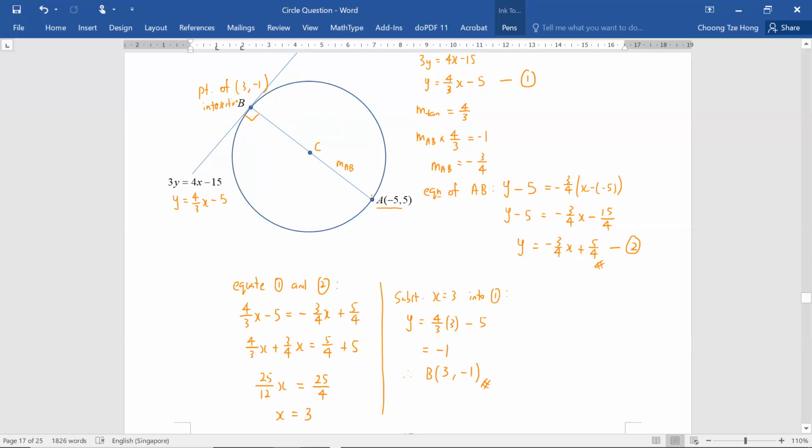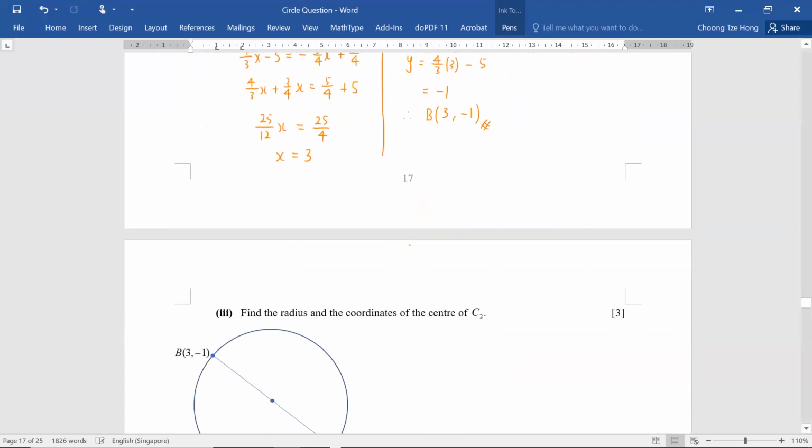But like what I mentioned earlier in the video, even if you draw the diagram incorrectly, it doesn't affect the solving of the question as long as you know the concepts well. So this is just an illustration for you that the diagram doesn't matter, it just helps you to visualize and solve the question more easily.